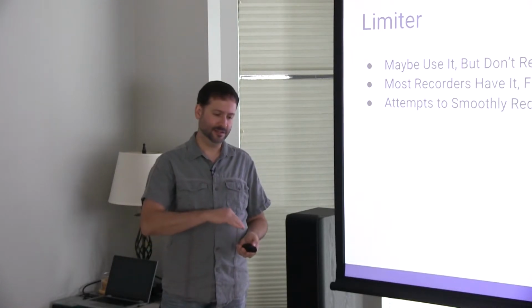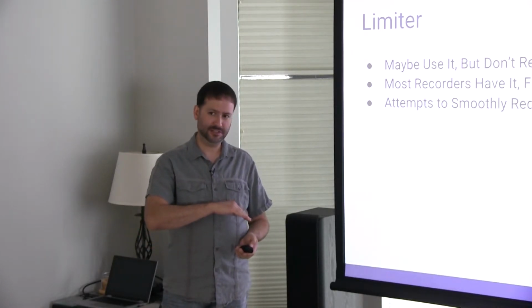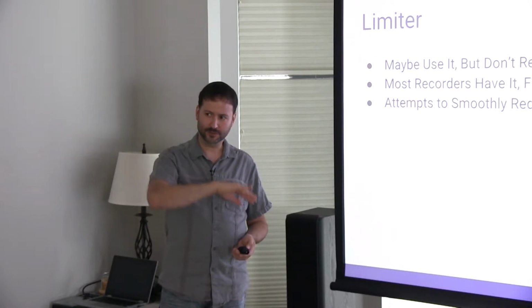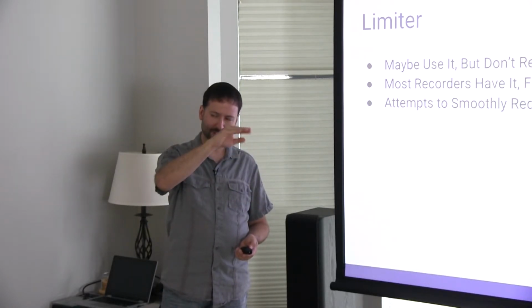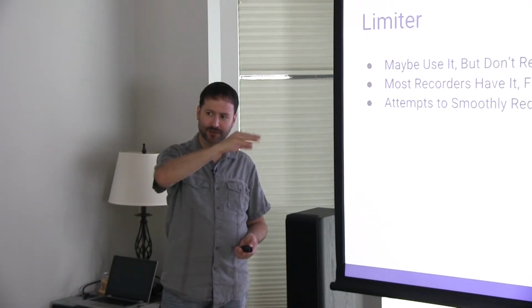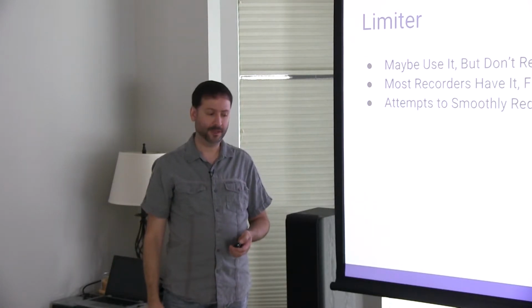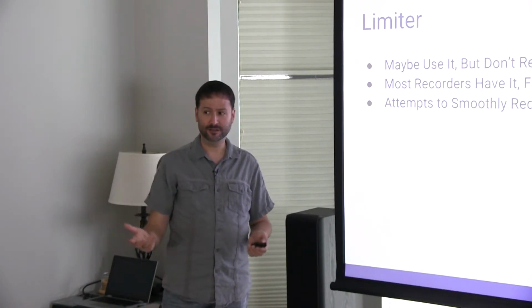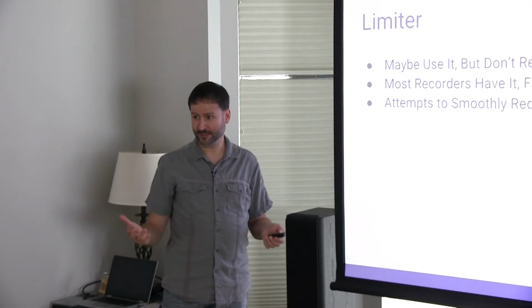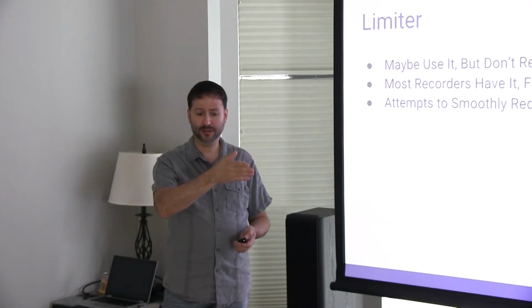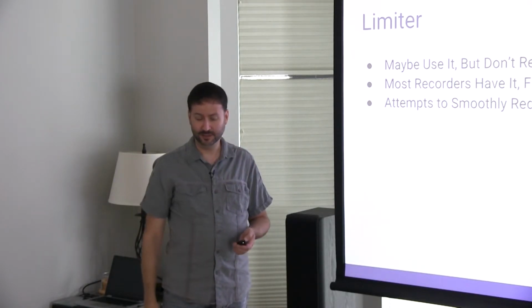The limiter's job is, instead of your sound peaking up beyond where you can record, it smoothly curves off the top of the peaks to keep them under 0 dB so that it doesn't clip. If it worked well, then it would be a perfect solution. It would make those things sound good without clipping.